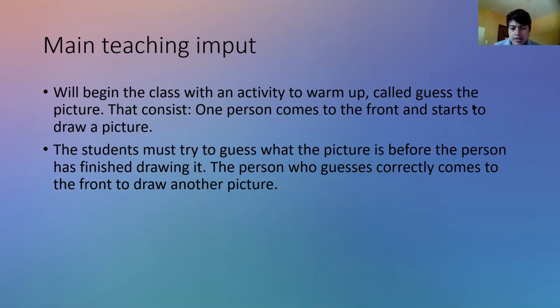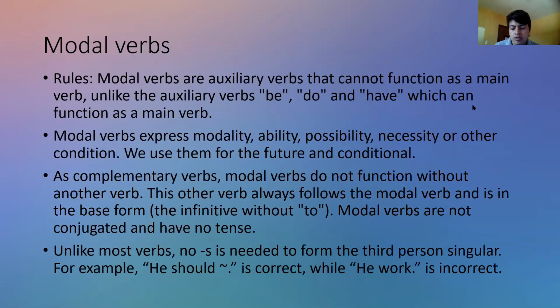we finished with that. So we're going to start with the real topic, the modal verbs. There are some rules for the modal verbs. Modal verbs are auxiliary verbs that cannot function as a main verb, unlike the auxiliary verbs be, do, and have, which can function as a main verb.